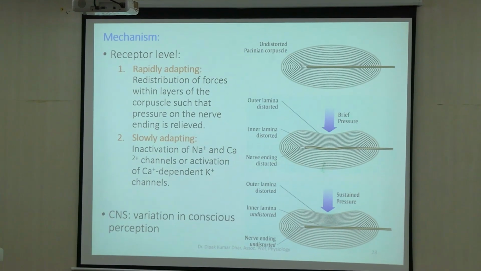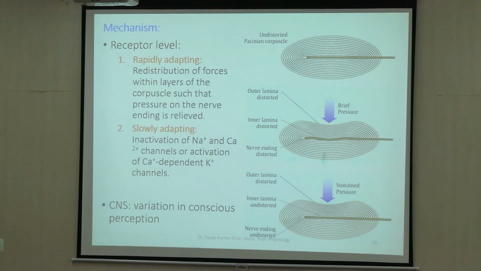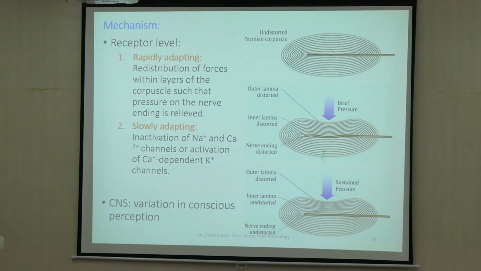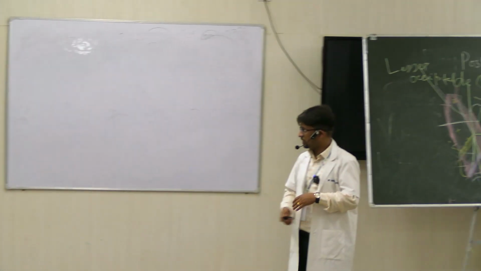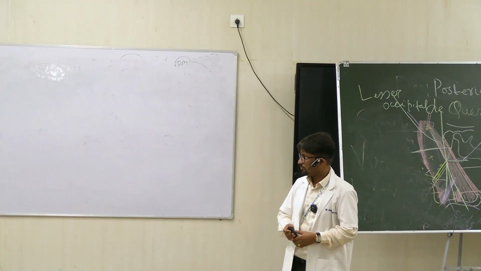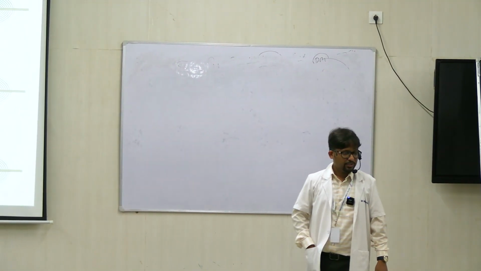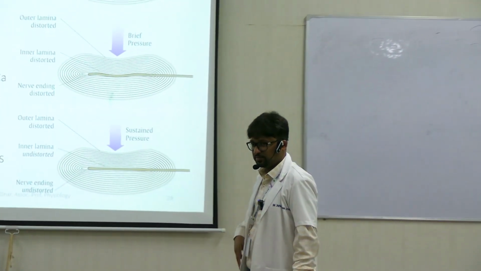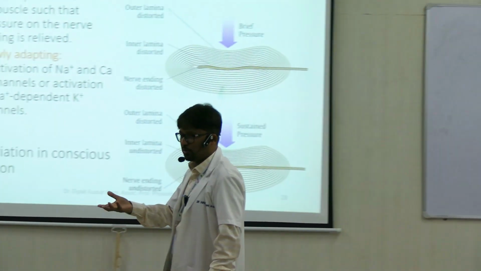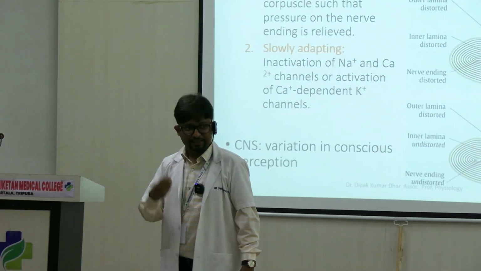In slowly adapting receptors, the sodium channels and the calcium channels which take part in the depolarization process become inactivated gradually, right? And in some cases calcium dependent potassium channels open. So in any neuron, when potassium channels open, what happens? Potassium is more intracellular, inside the cell.